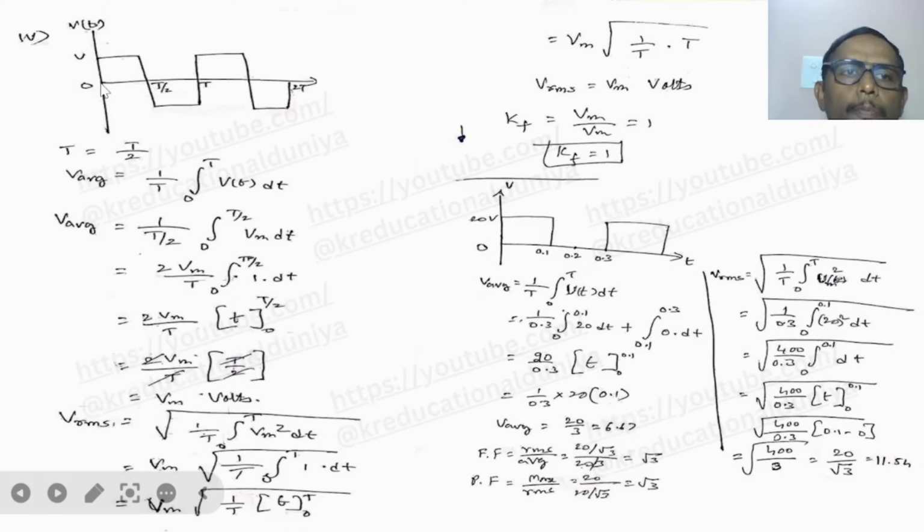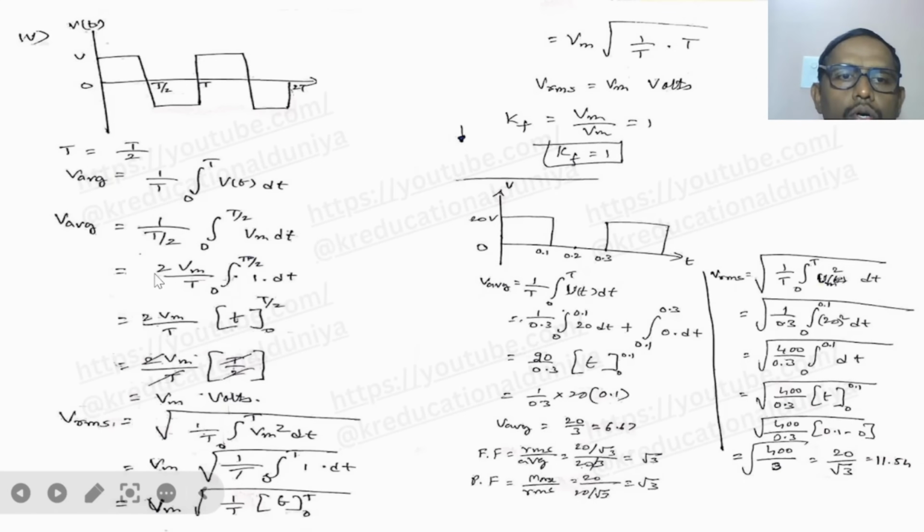So that's why for the average we are going to take only half of the cycle. So 0 to T by 2 only we are going to take. So we are assuming T equal to T by 2, V average equal to 1 by T integral 0 to T V of t dt. So instead of T I am writing T by 2, because here the time period we have considered as T by 2. So 0 to T by 2 Vm dt.